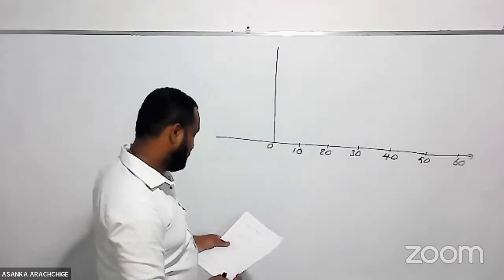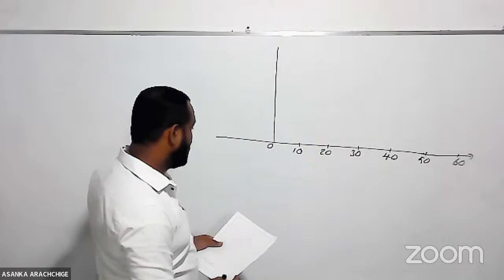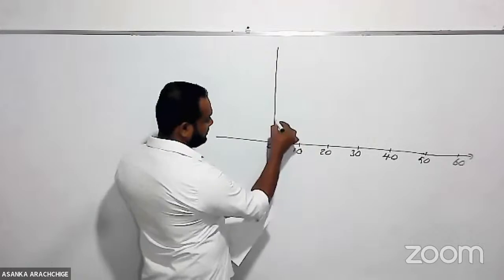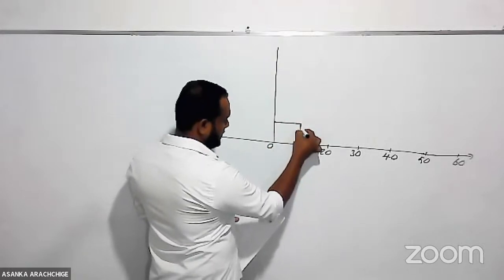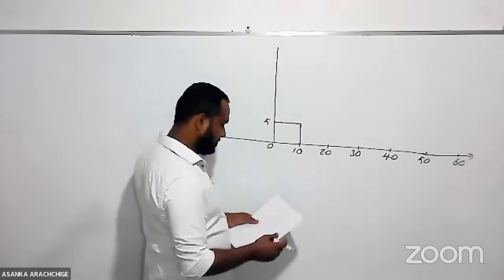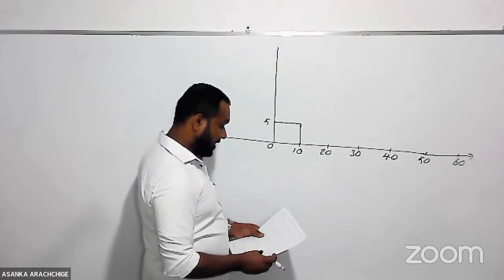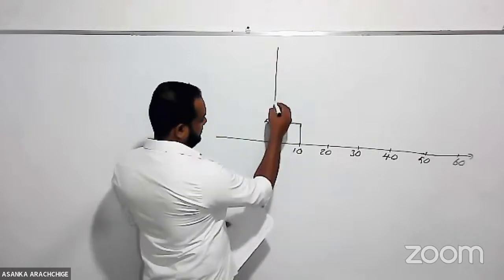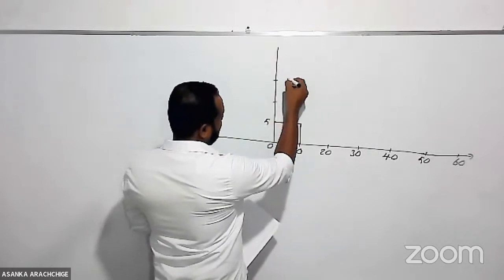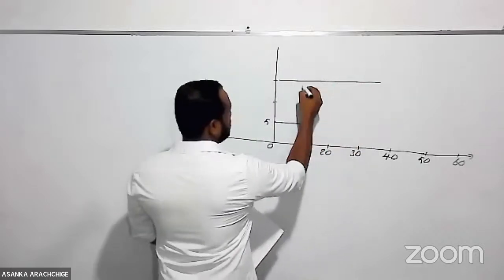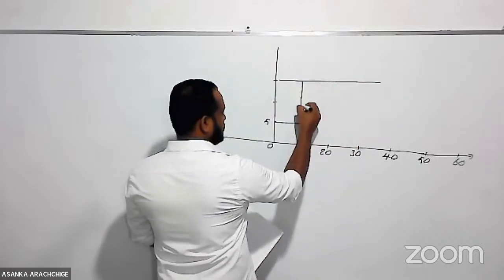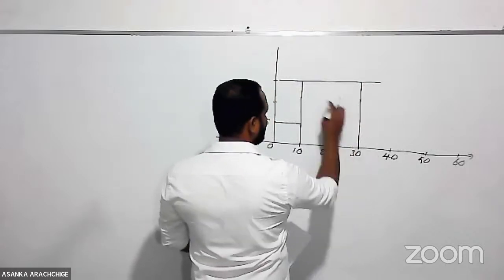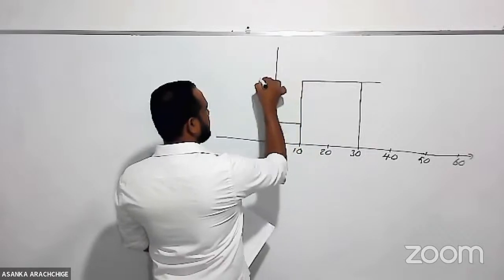The height of the column belonging to the 0 to 10 class interval is 5. From 10 to 30, that is 15, so the height of this column is 15.